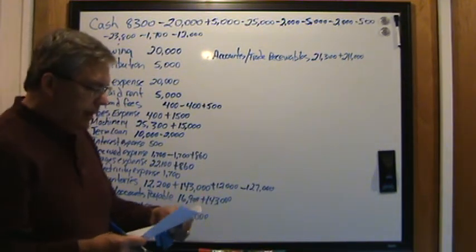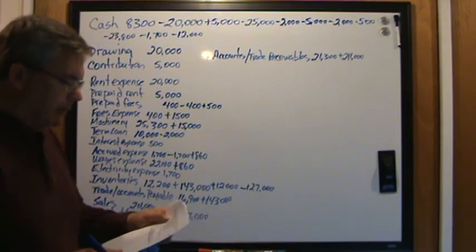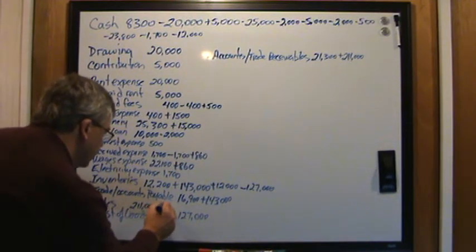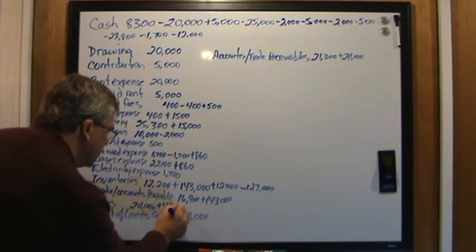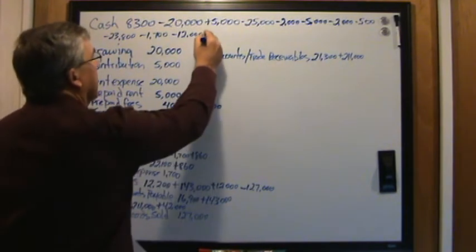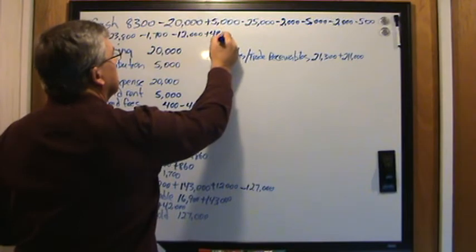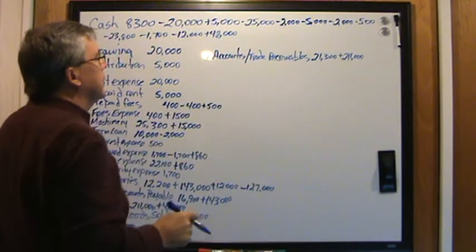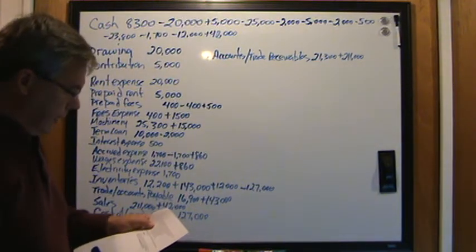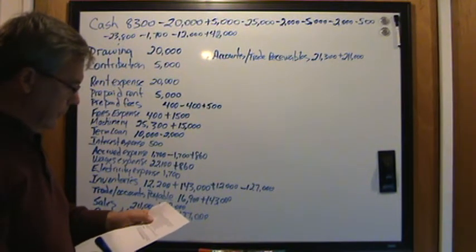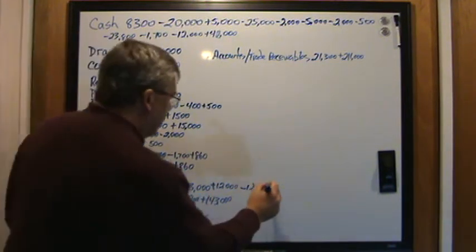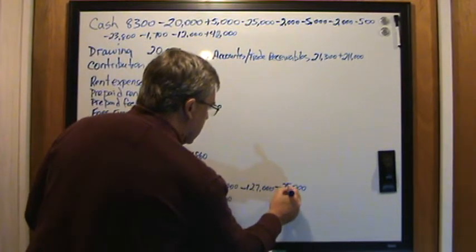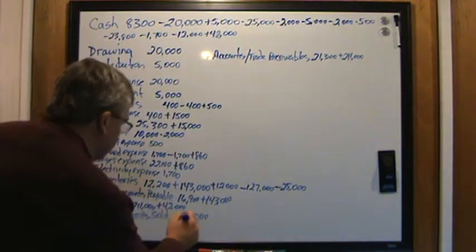Okay, number 10, we have more revenue, but it's cash sales this time, so 42,000 increase in sales. That all came in cash, 42,000. It took 25,000 out of inventory and moved it to cost of goods sold.